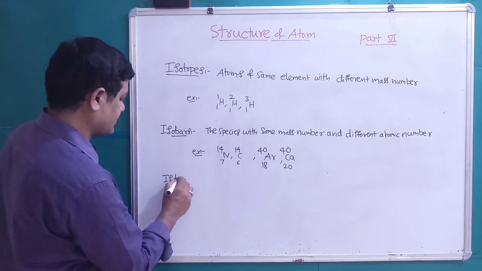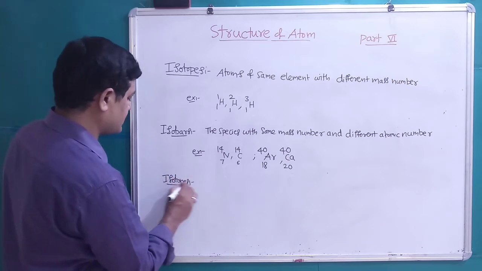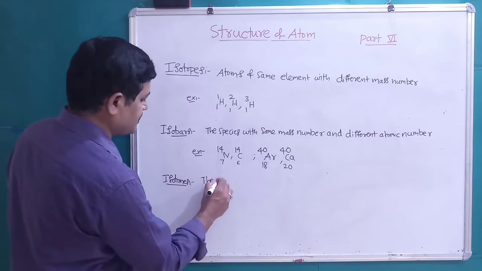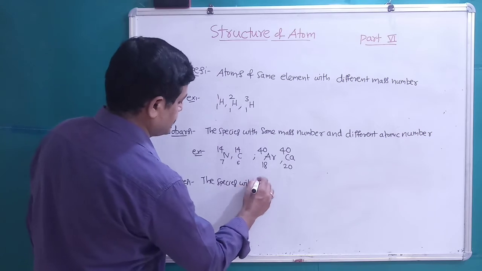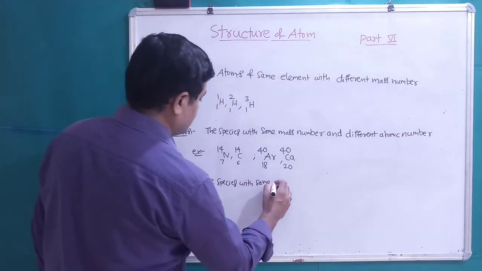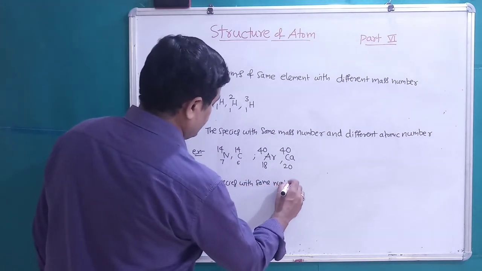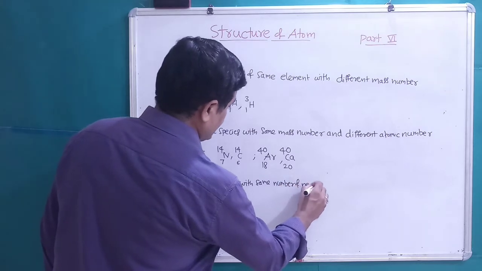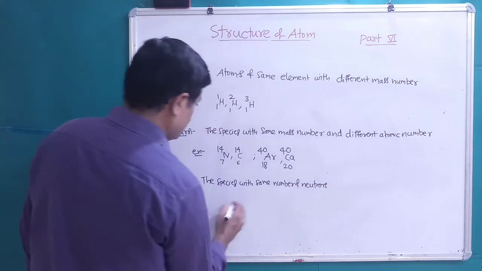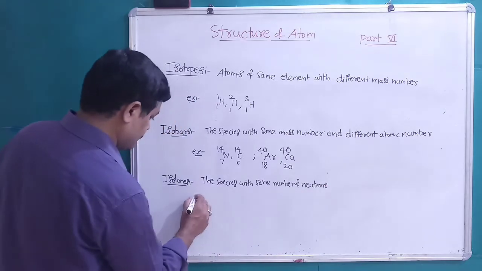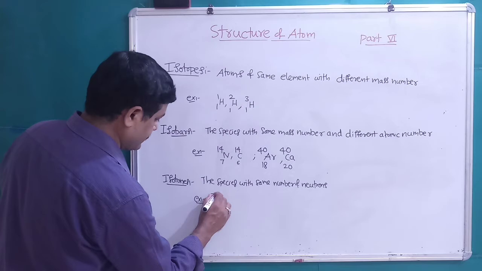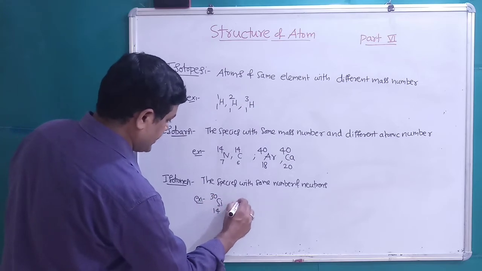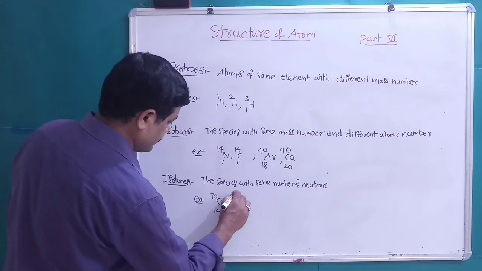Isotones: the species with the same number of neutrons. For example, silicon 14Si30 and phosphorus 15P31.